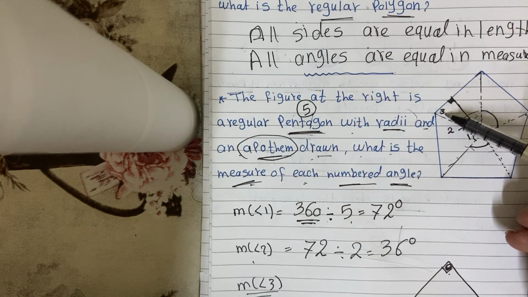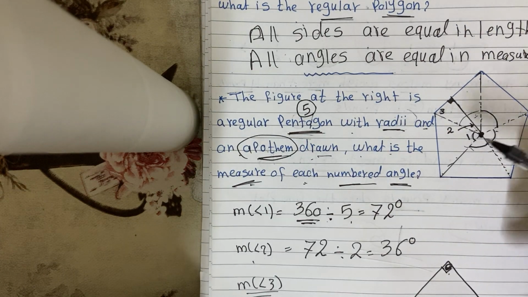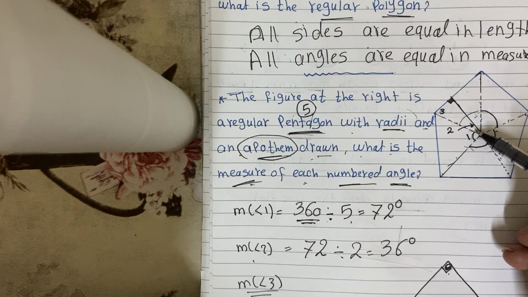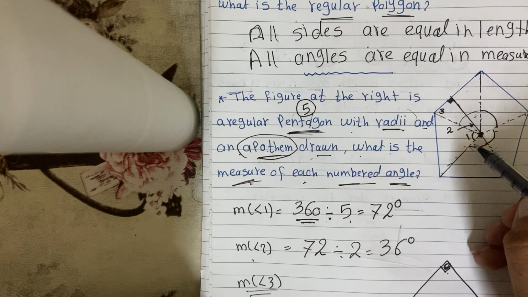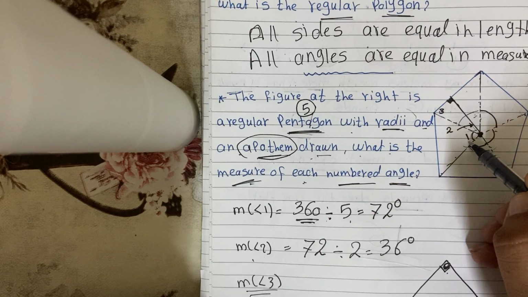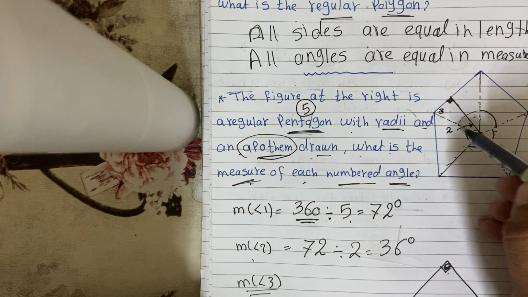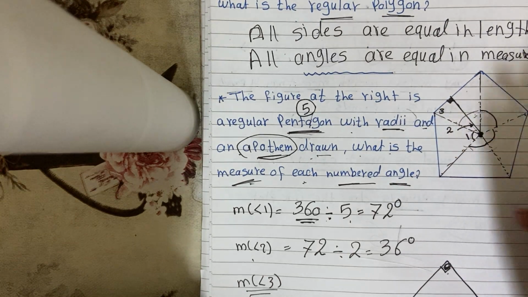We have here angle 3, and here we have angle 2, between the apothem and the radius. And I need angle 1, which is the angle between two radii.